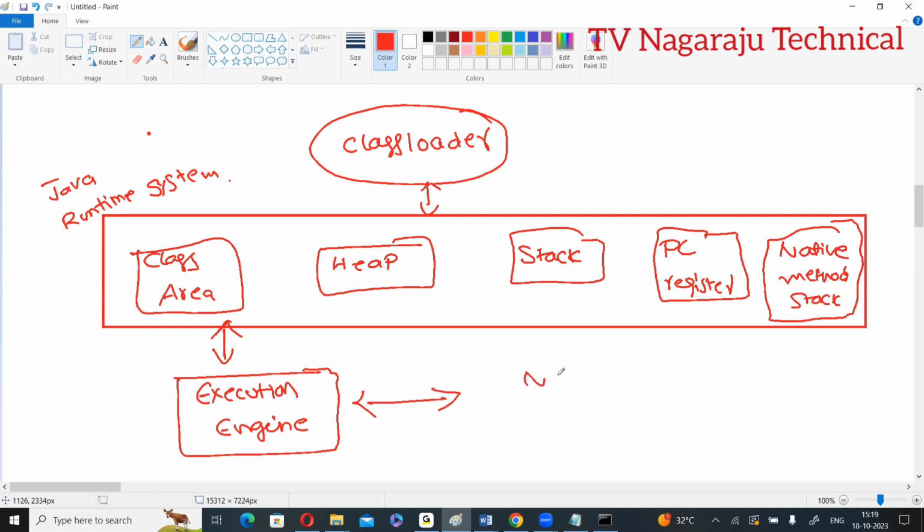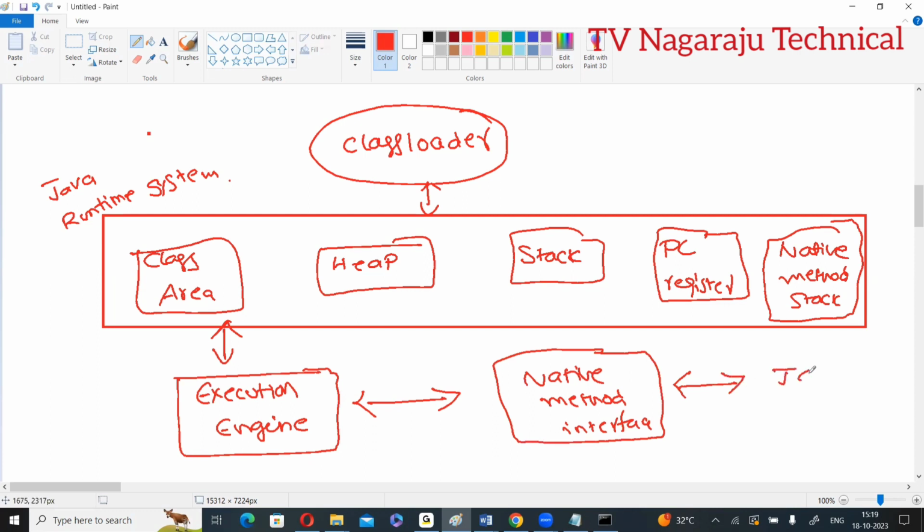It is connected with the native method interface, where we provide the Java native libraries. Okay, this is the architecture of JVM.